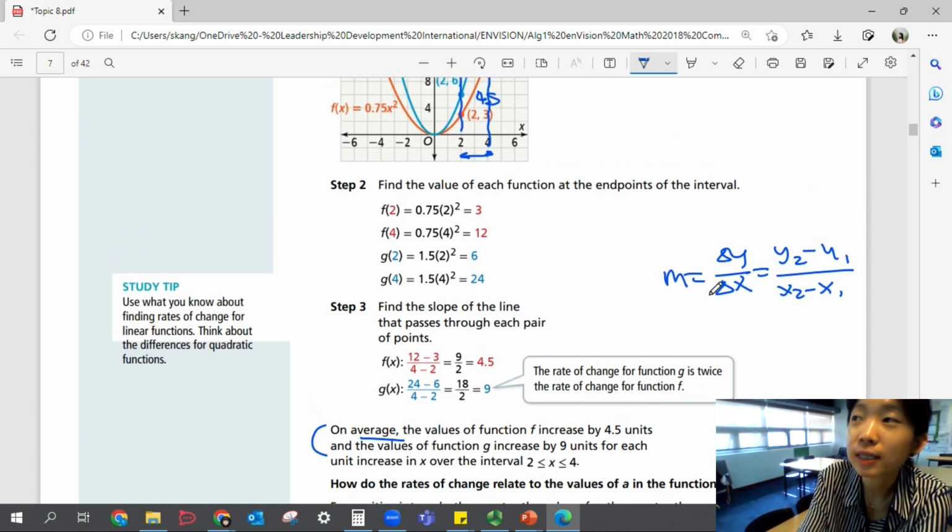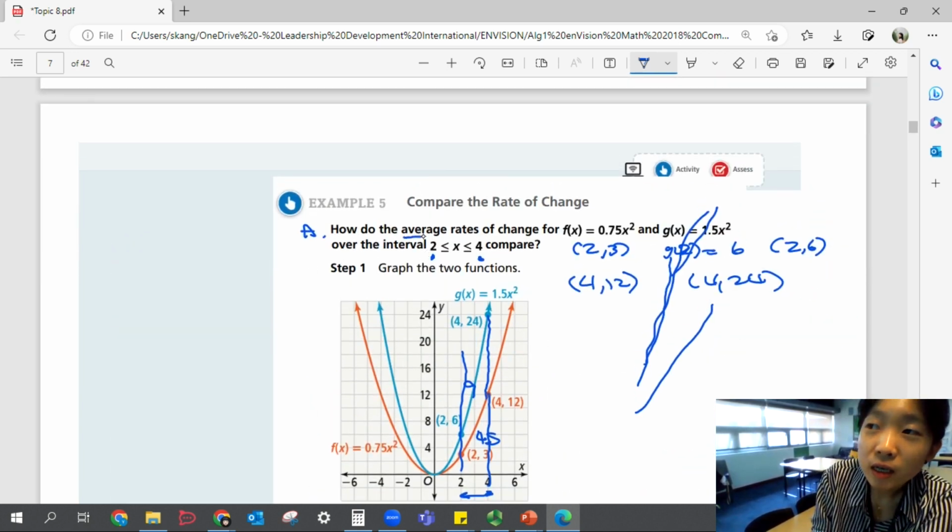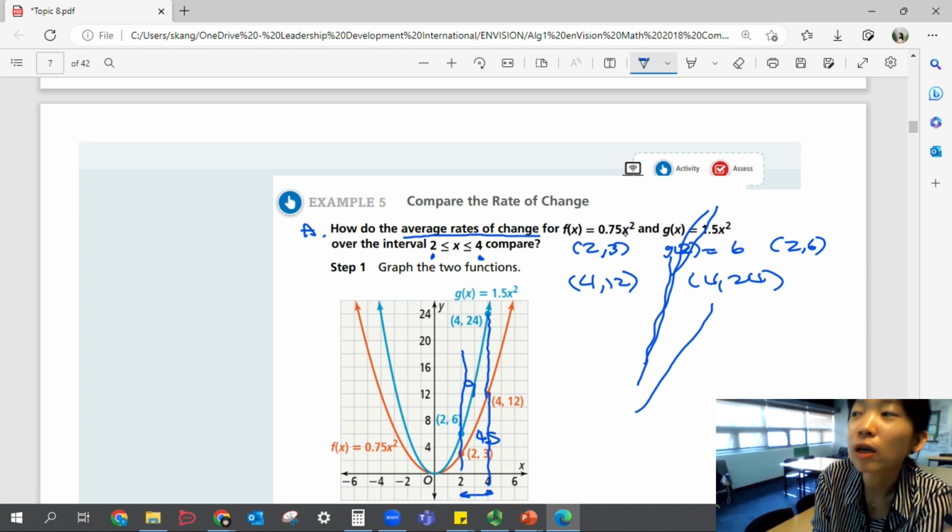So look at the question again. When they ask you, how do the average rates of change for this and this over the interval compare? If you see something like that, you want to figure out the endpoints for the interval. Okay?